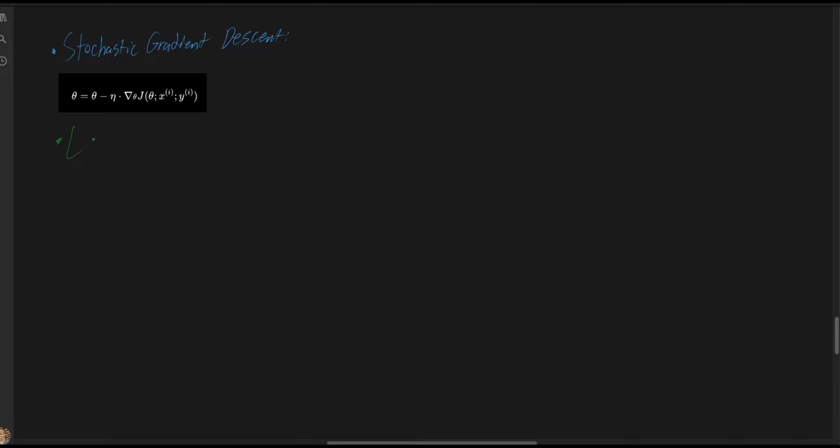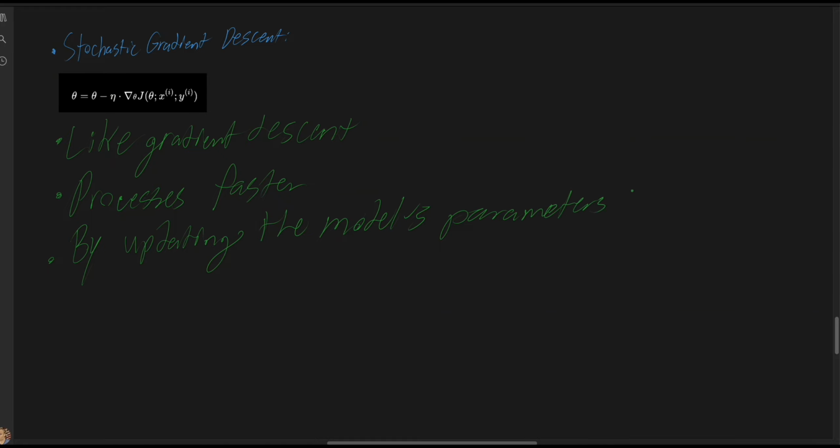So stochastic gradient descent is like gradient descent, but it processes faster, by updating the model's parameters using a single sample, or subset, of the full data set.